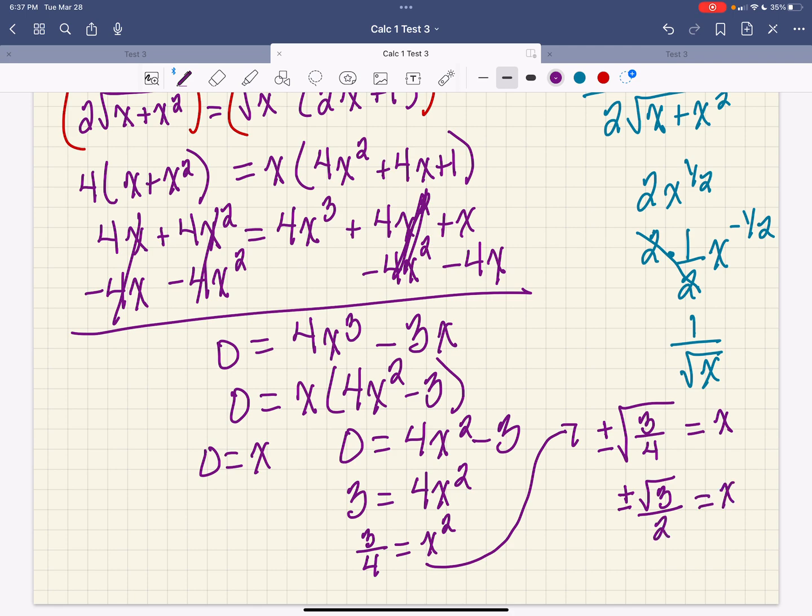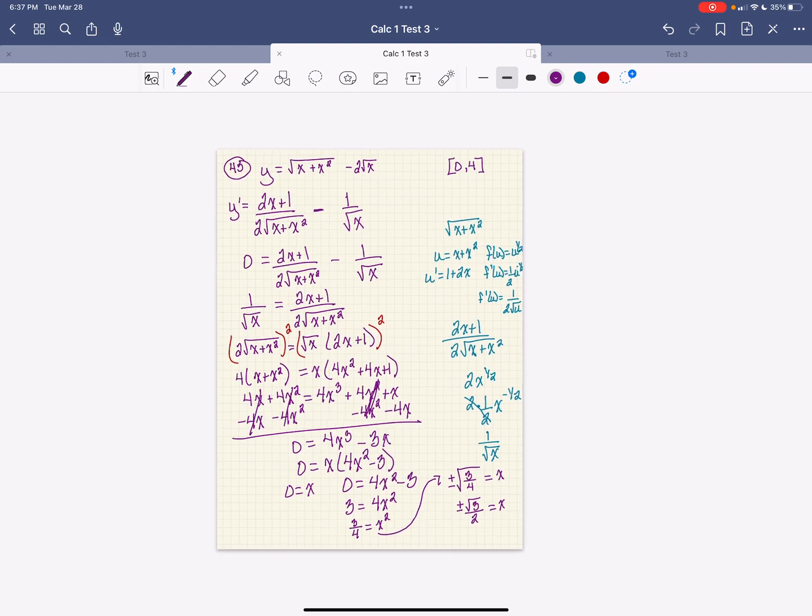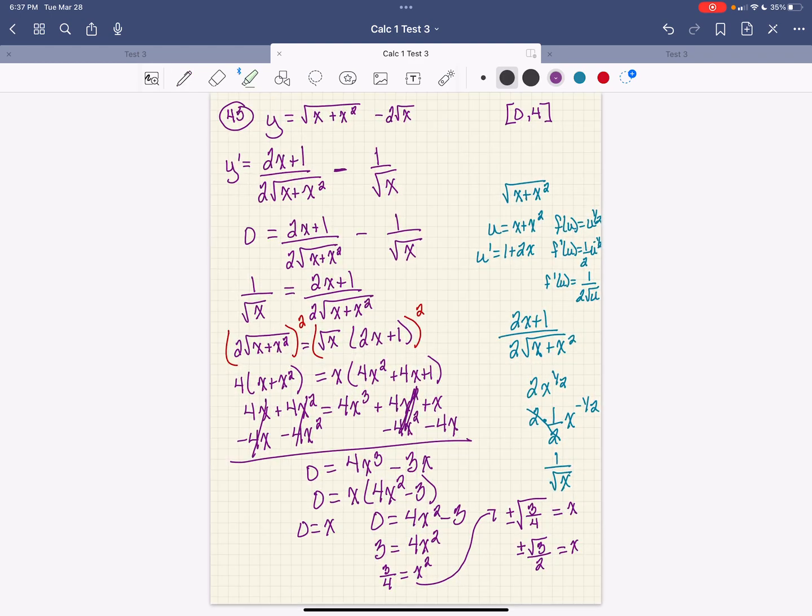Okay, so I'm going to zoom out. The interval that we are looking at is 0 to 4. And then I've got 0, so that's already covered as one of my critical numbers. And I've got plus or minus the square root of 3/2.